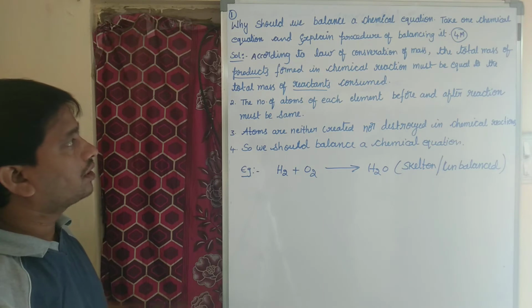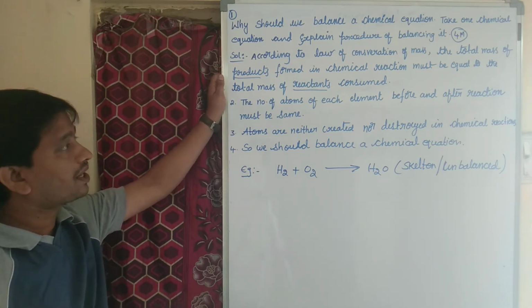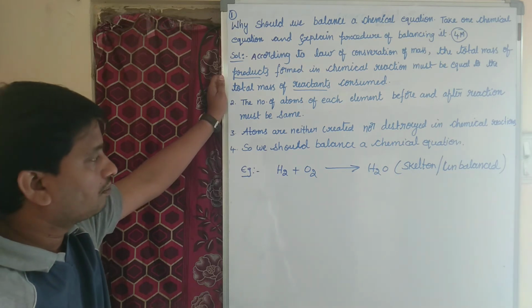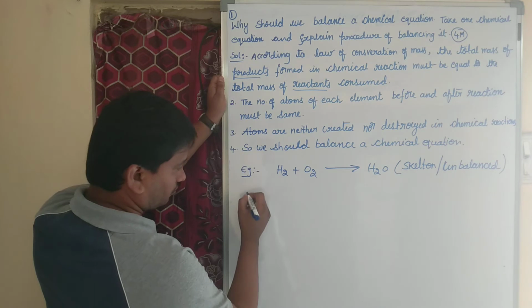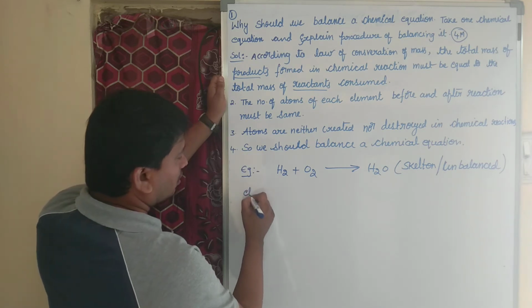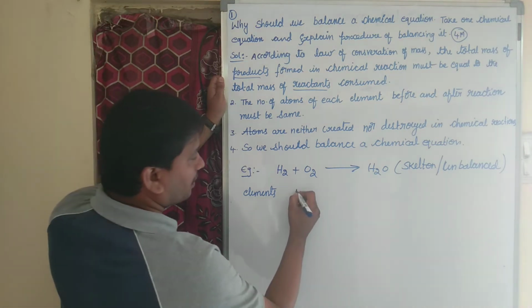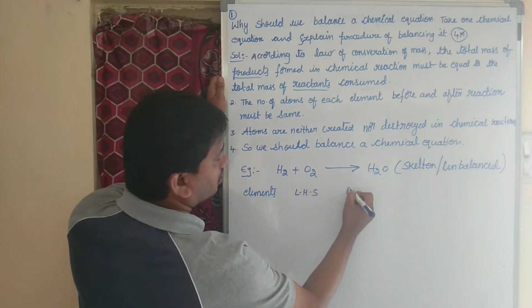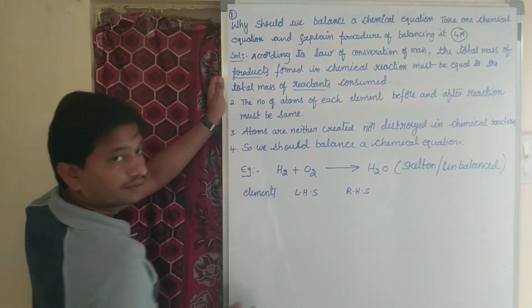Here, what are the elements which are participating in the reaction? LHS means reactants, RHS means products, right?